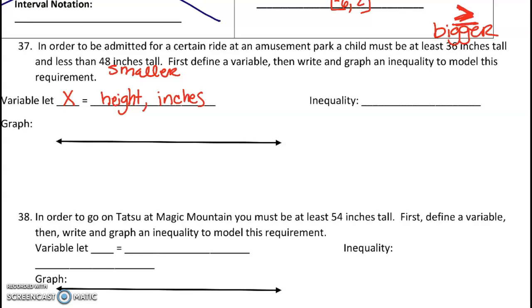Yes. So I get x must be greater than or equal to what number? 36. But I also get something else. And it must be less than or equal to 48, because smaller means less than.